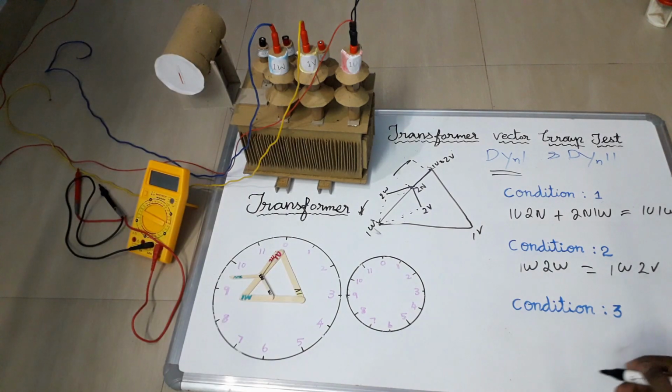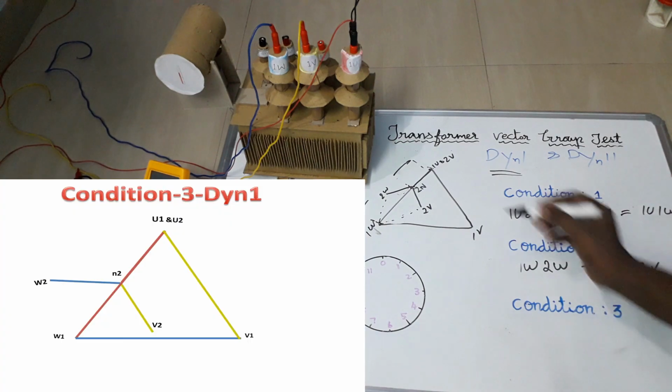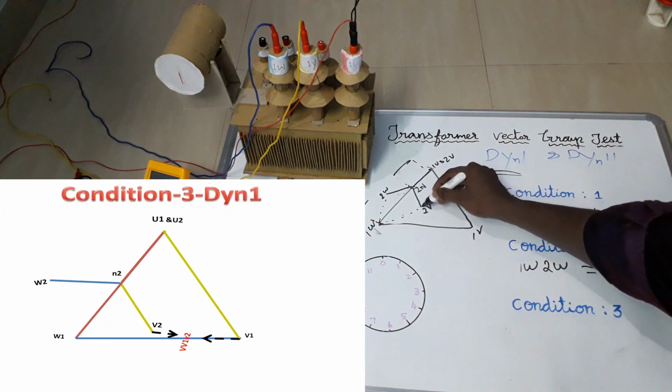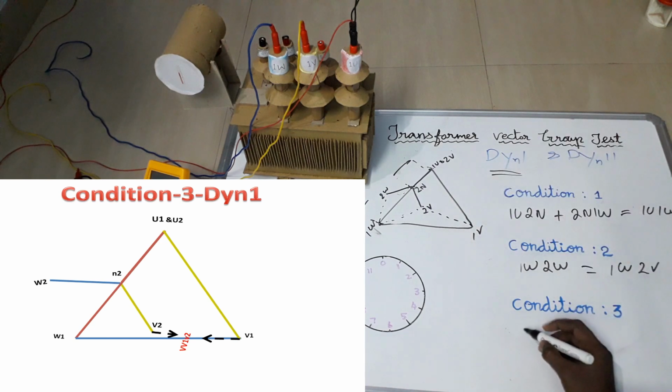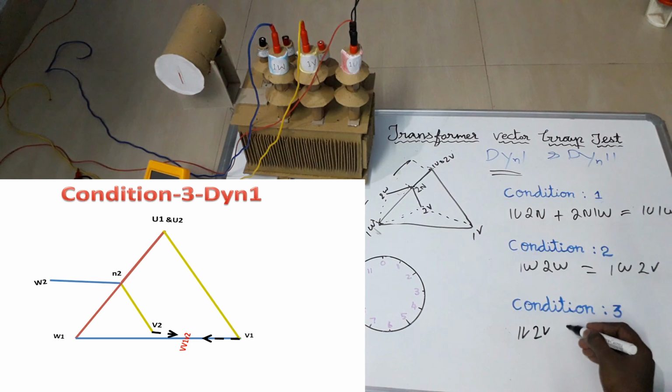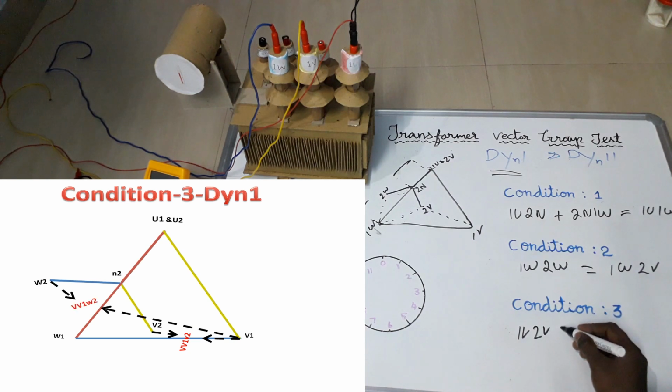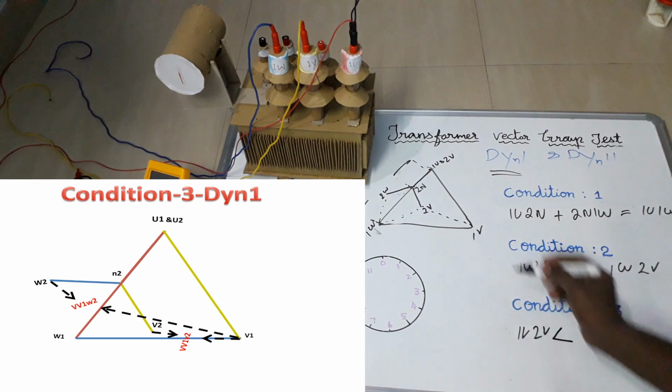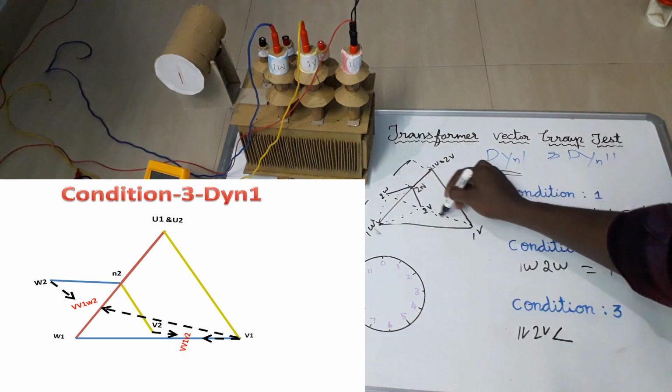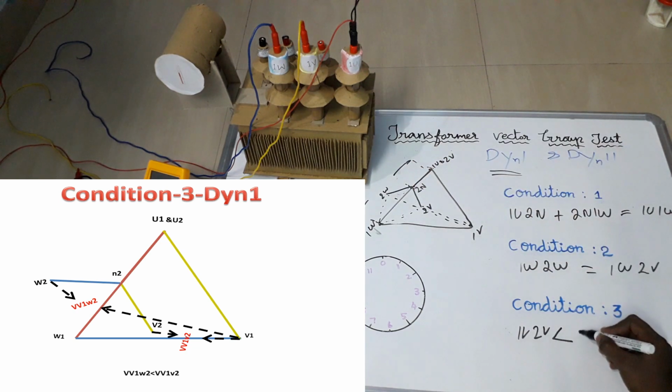Our condition 3. For the third condition, we have to check 2V and 1V voltage. 1V, 2V voltage we have to check. This should be lesser than 2W, 1V, 2W voltage.